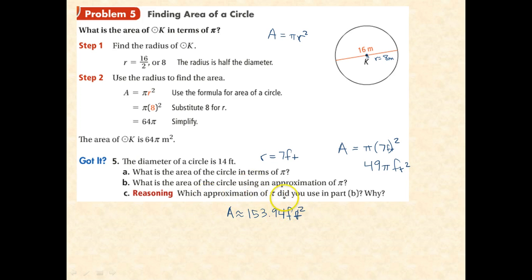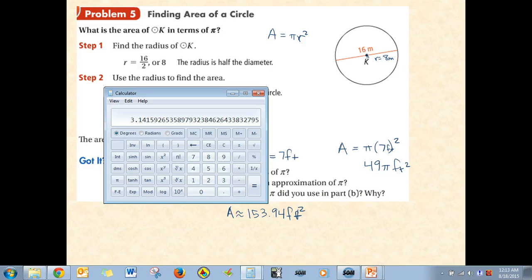Which approximation of pi did you use in part B? Well, I used the however many digits that is approximation of pi. 3.141592. That's a lot of digits. That's pretty accurate. More accurate than we can measure with a ruler, you know what I mean?